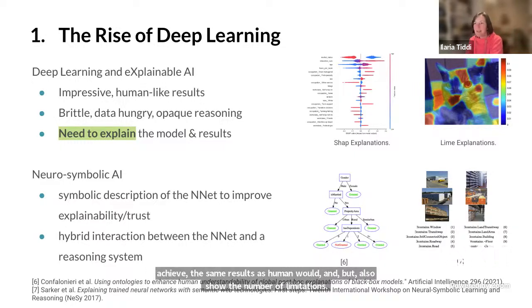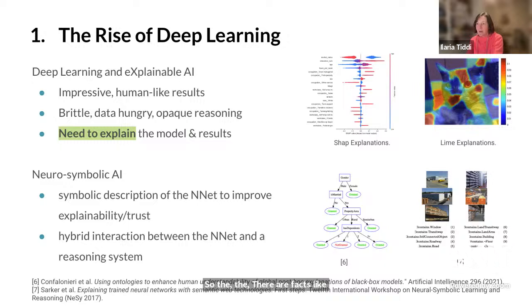Facts like the Cambridge Analytica scandals or the loan accreditation scandals showed that these systems were not able to show a clear reasoning, so the reasoning was quite opaque. These systems were data hungry, so you needed a lot of data to train them. They were too brittle in this sense.